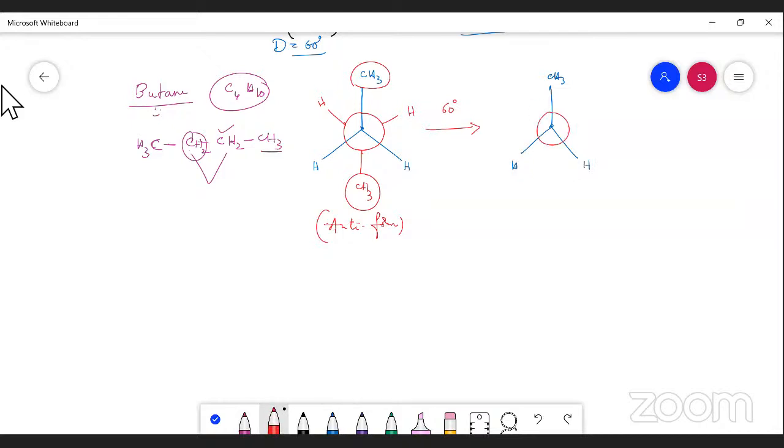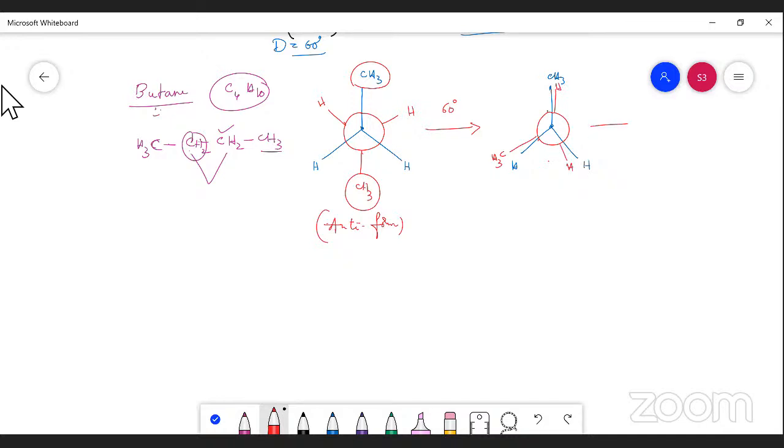Now when you rotate the back carbon, this CH3 group is very near to a hydrogen. Here hydrogen, here hydrogen. So this is one form.